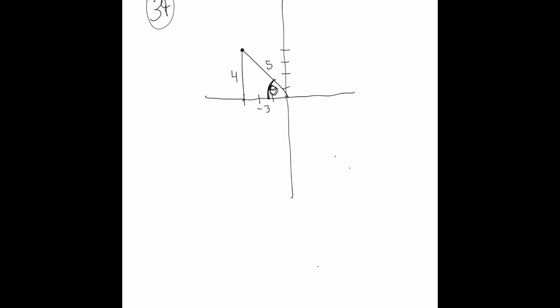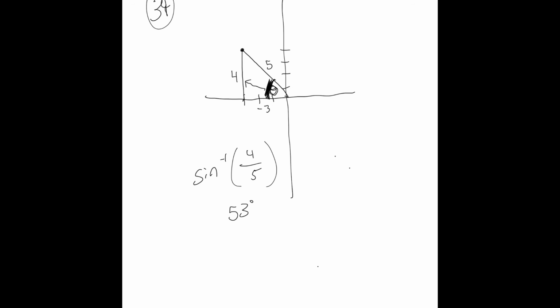Alright, so we can use any of the trig inverse functions on your calculator. If you do sine inverse, opposite over hypotenuse, sine inverse of 4/5, that's going to give you 53 degrees. That's this angle right here.